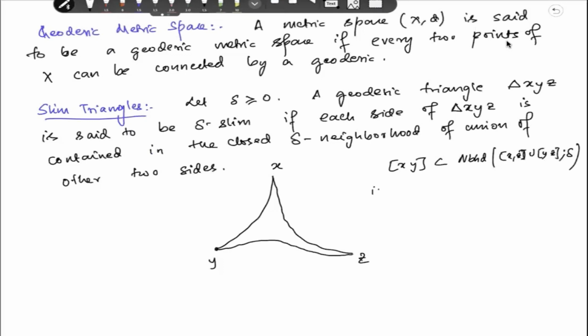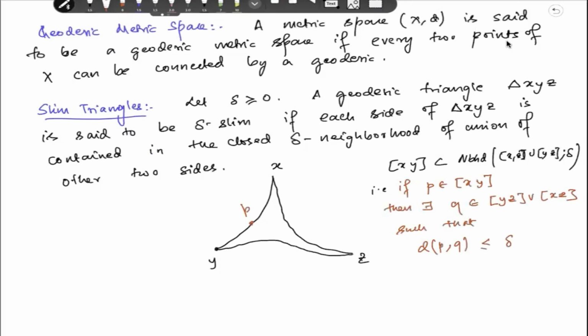That is, if I take any point P in the side xy, then there exists Q belonging to yz union side xz such that the distance between P and Q is less than or equal to delta.